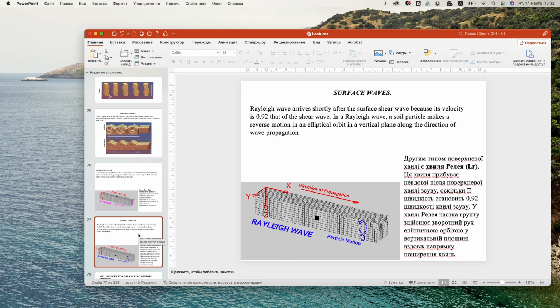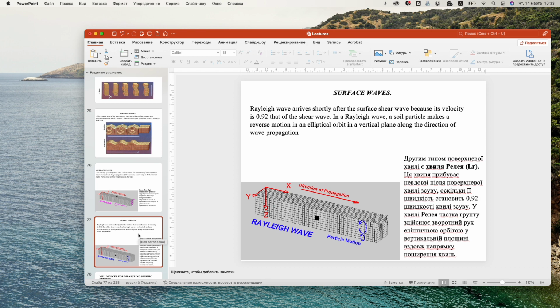P wave is a horizontal movement in the direction from the hypocenter and epicenter towards construction sites, and S wave is the shear wave which can be in horizontal or in vertical direction. Both P waves and S waves move from epicenter to construction site.